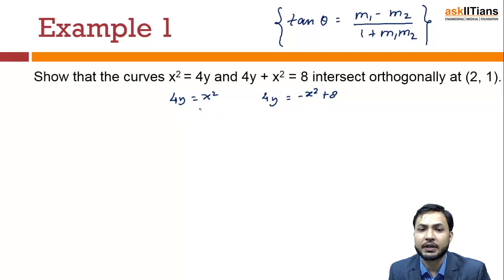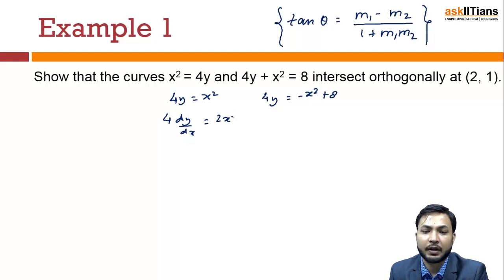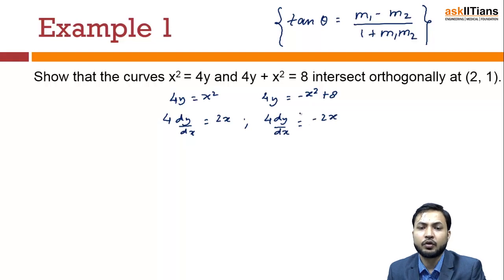What do I do in both cases? In both cases, I will differentiate with respect to x. So this gives me 4 dy by dx is equal to 2x, and also 4 dy by dx is equal to minus 2x. So these are the two equations that I am getting.